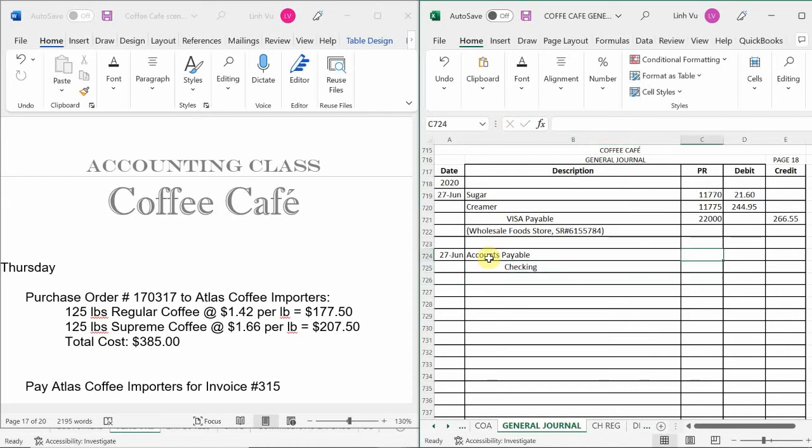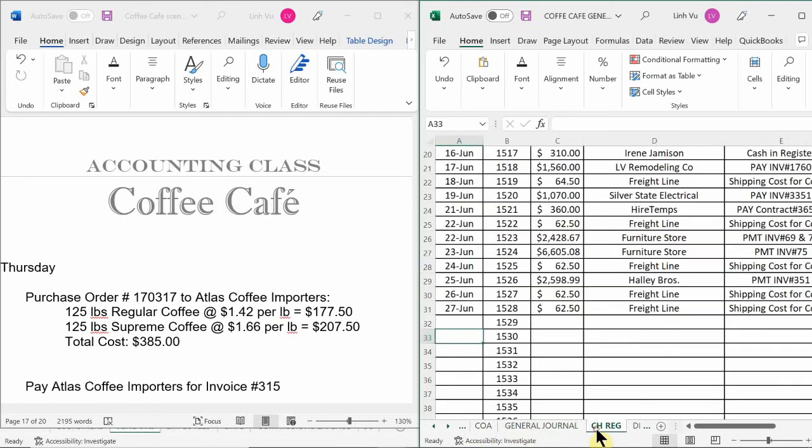Account numbers are 20,000 and 10,100. Then we go to the check register. Do we even know how much we're paying? No, but we'll get to that one now.